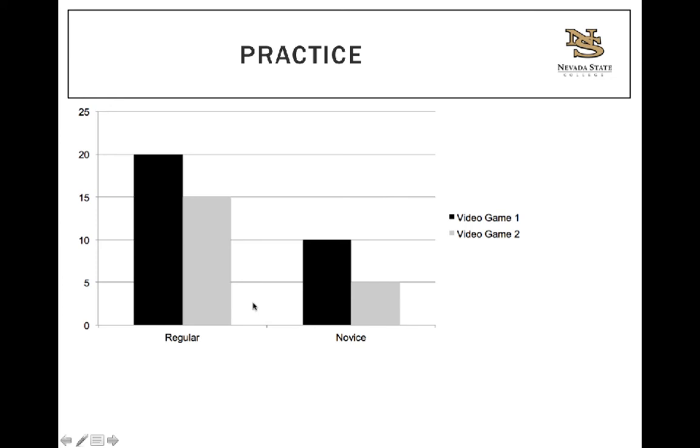We can see that there are definitely differences in how they rated the difficulty of these games. Regular players playing video game 1 rated it a 20 out of 30 in difficulty. They rated video game 2 a 15. But the novice players rated video game 1 as 10 and video game 2 as 5.